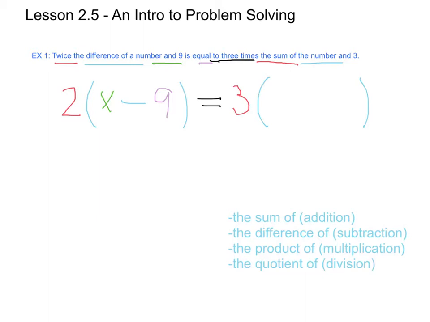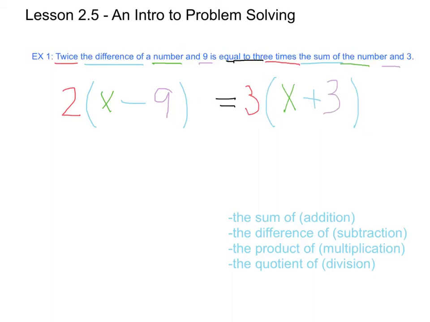If you said addition, then you're right, because sum means addition. There we go. 3 times the sum of the number. So what's the number? Well, the number's x. So we'll throw our x in there. And last, but certainly not least, and 3.